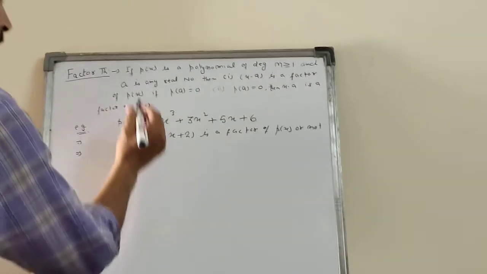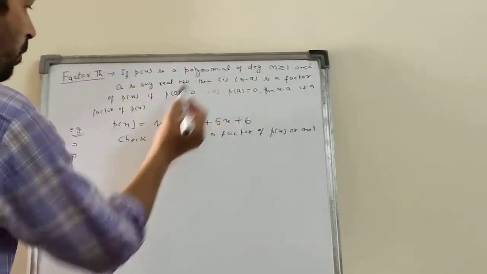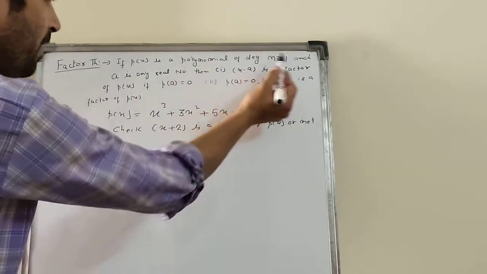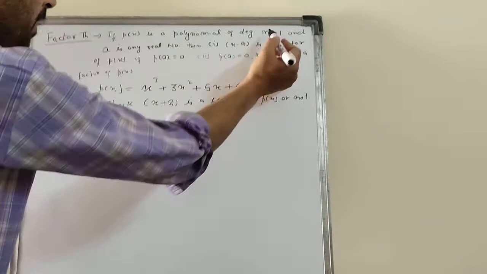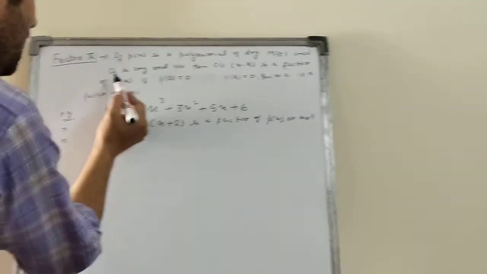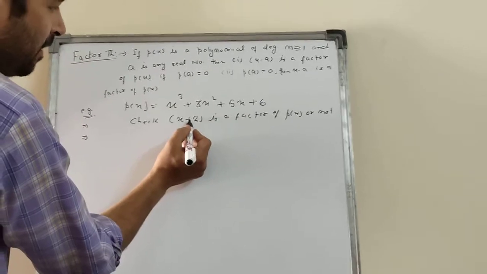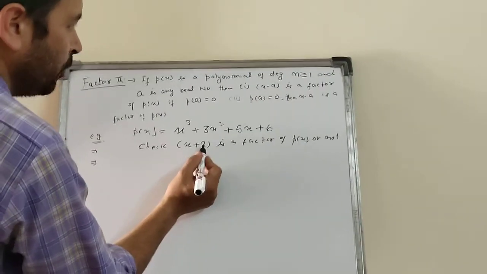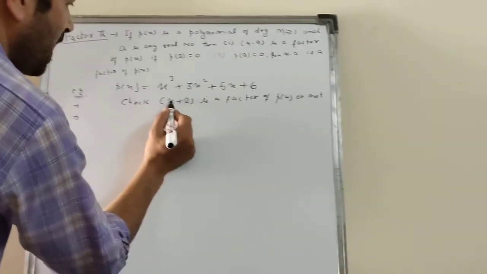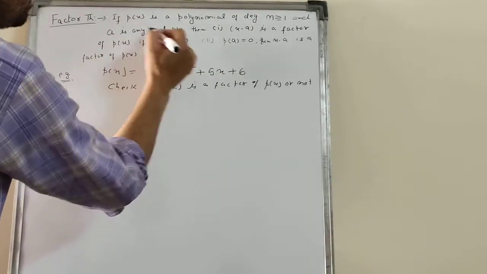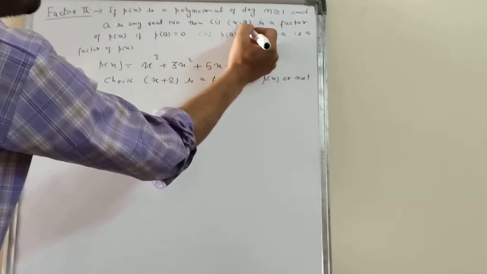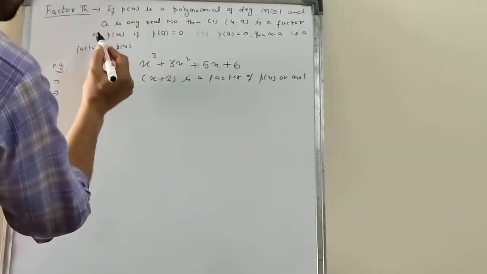p(x) is a polynomial having degree 3, which is more than 1, and a is any real number. So here what is a? Here a is 2. A is any real number, then x minus a is a factor of p(x).